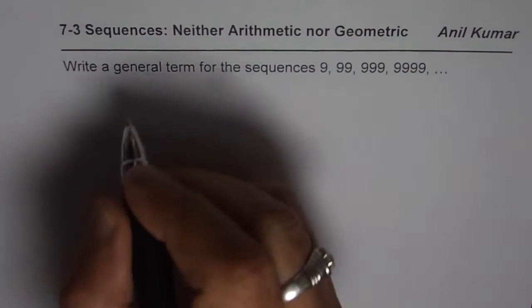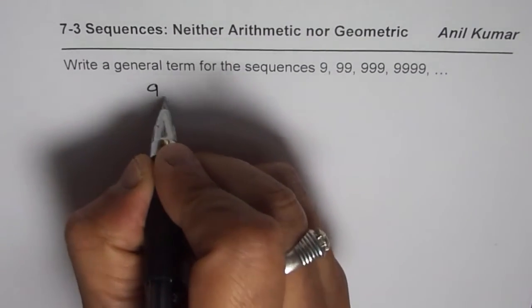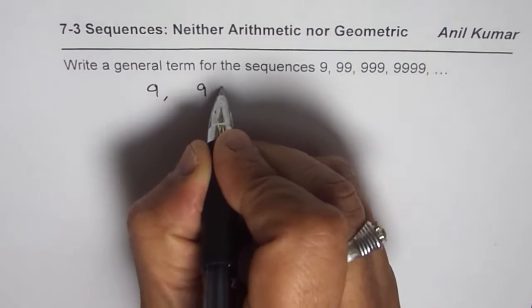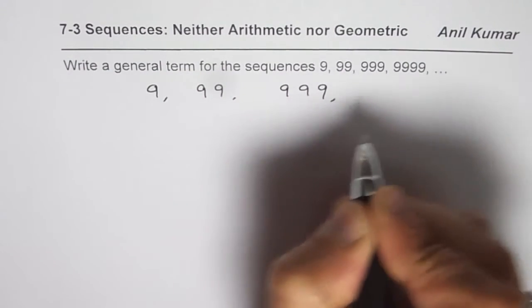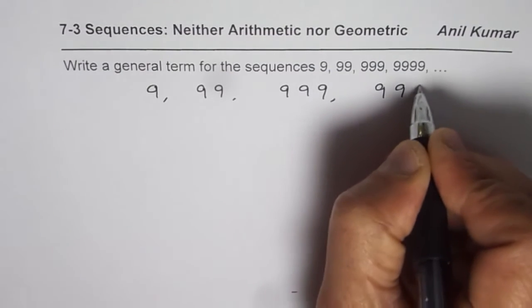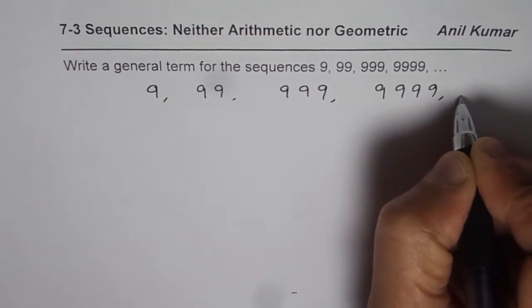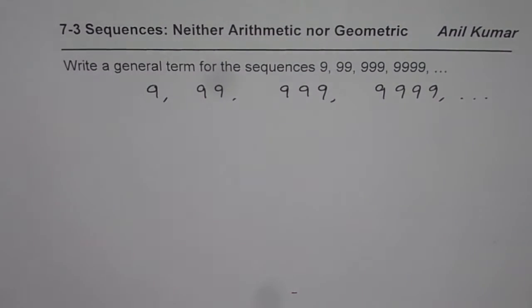So let's find a strategy. So we have these numbers. One is 9. And then we have two nines put together. Then we have 9, 9, 9, and then 9, 9, 9, 9, and so on. Sometimes it's a good idea to write them big and bold so that you can concentrate and think about those terms. How do we get 9, 99, 999, and such numbers?